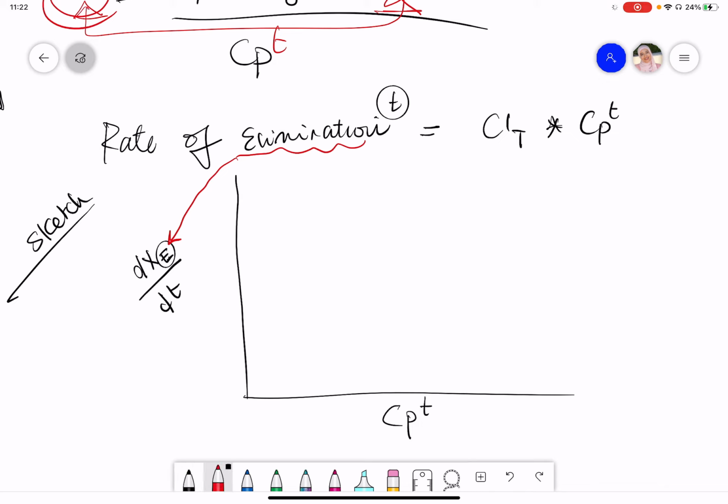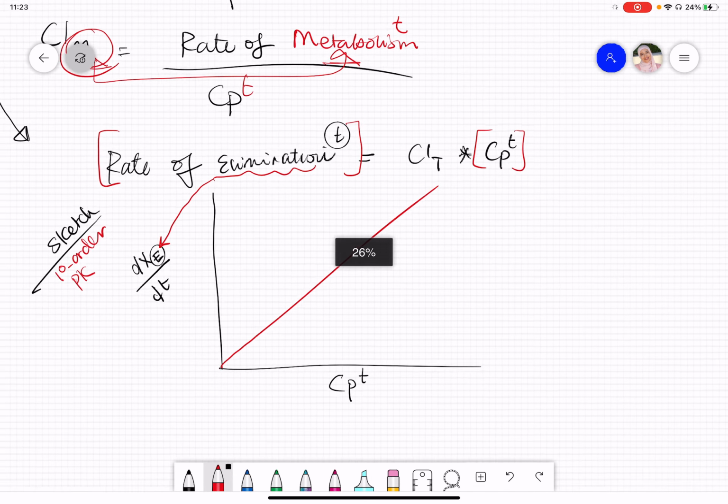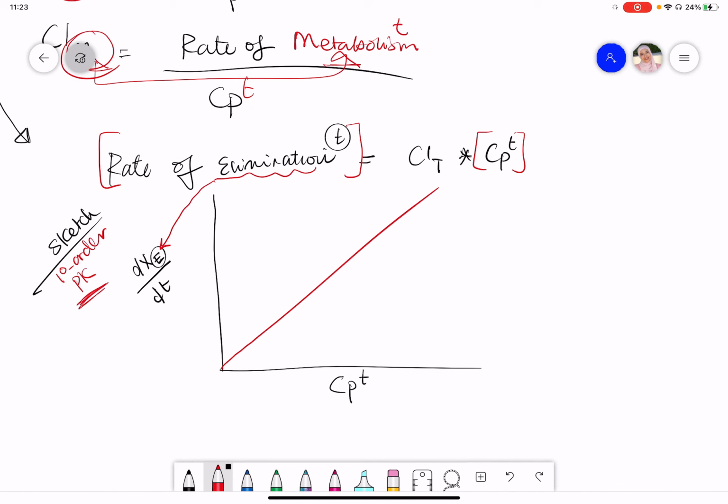We have this as our y and this as our x, and again, we are still talking about first order kinetics. According to this equation, what would be the profile? This would be our profile, which you know for sure.